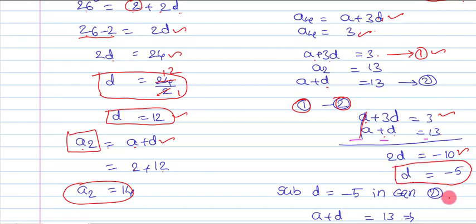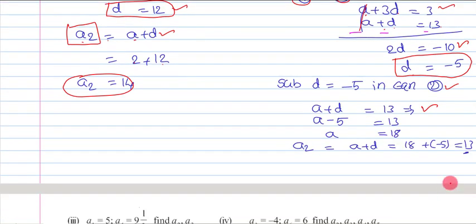Once you get D equal to minus 5, substitute D is equal to minus 5 in an equation. What is our equation? A plus D is equal to 13. In this, I substituted D is equal to minus 5, so you get A minus 5 is equal to 13. From this, you get A is equal to 13 plus 5.